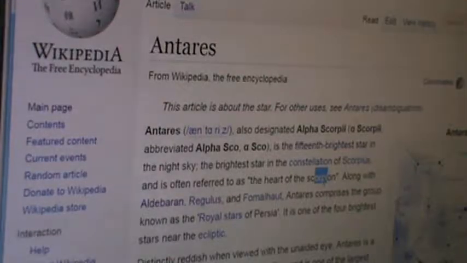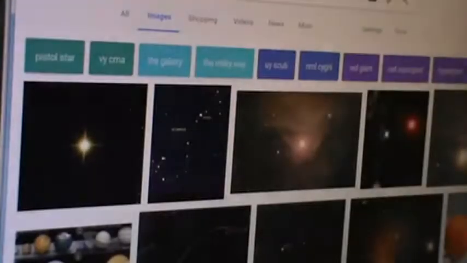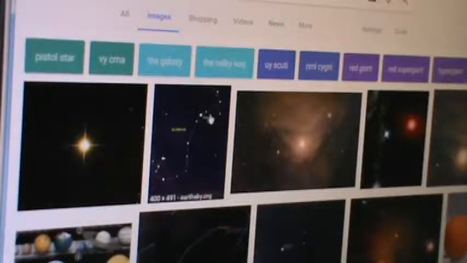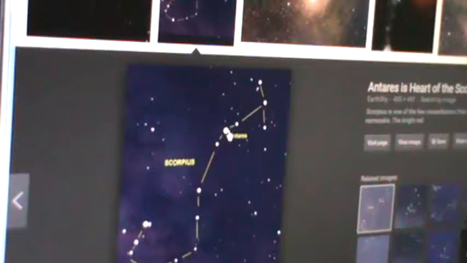Whoa. Oh, Antares is right there. The heart of the Scorpion. He counts the stars and calls them all by name, and disturbingly, he's been sovereign over the naming of all this.